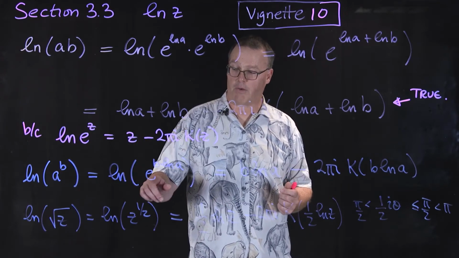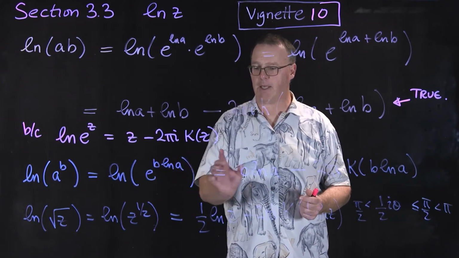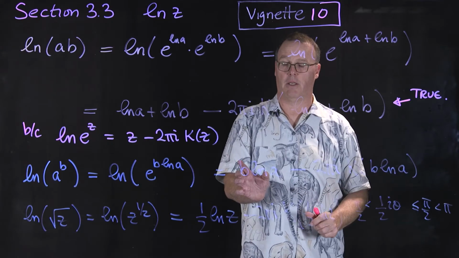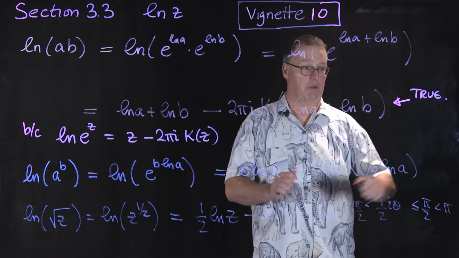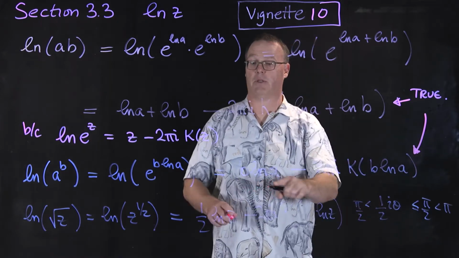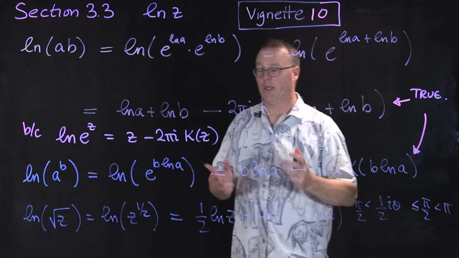So log of e to the b times log a, well, log of e to the anything is the anything minus 2 pi i times the unwinding number of the anything. So that's what's true. It's not true that it's just b times log a unless this unwinding number is 0.